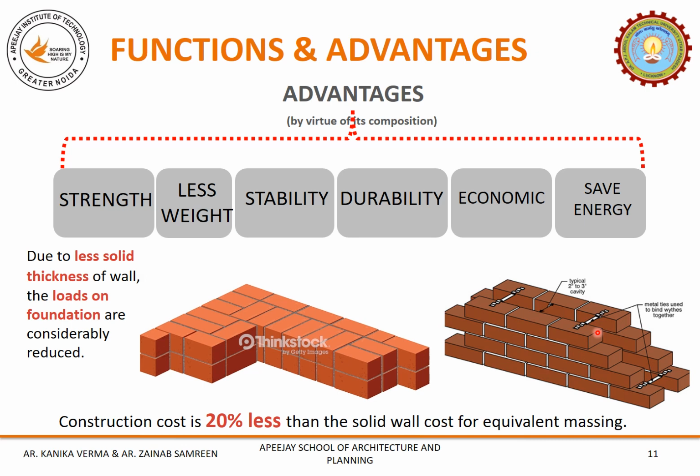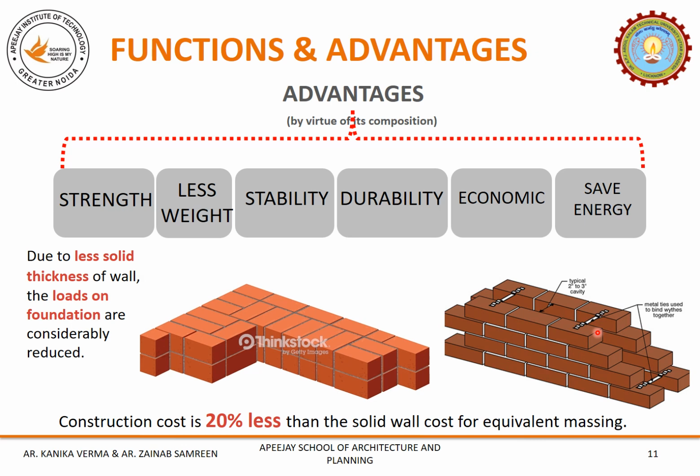It also saves energy. Now you may question, how is it possible that a cavity wall is saving energy? In a solid brick wall, when the outer surface is heated, then it gets transmitted to the interior wall as well, right? And when the interior of your home is heated, then you need more air conditioning.